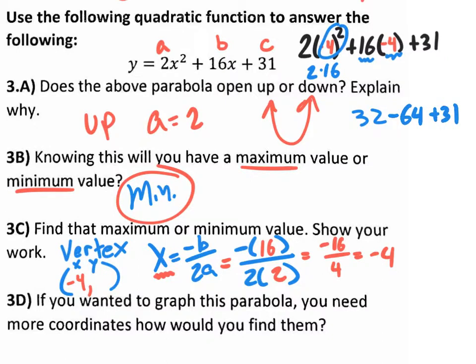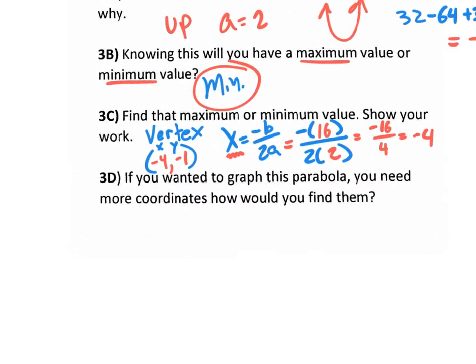And then with the calculator, let's go 32, take away 64, plus 31. And that'll give you a negative 1 as an output. So when you plug in your x value of negative 4, you're going to get out a y value of negative 1. So that is your y value of your vertex. So that minimum value is at the location negative 4, negative 1.